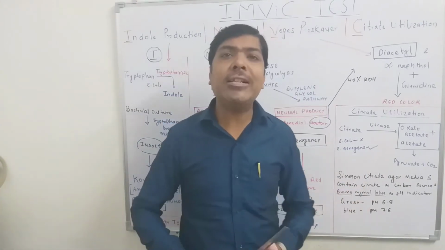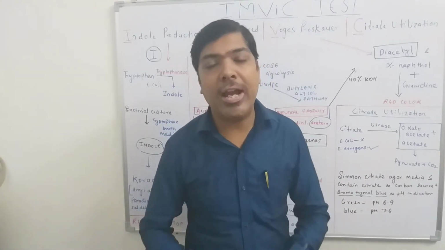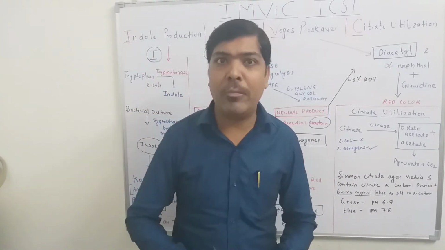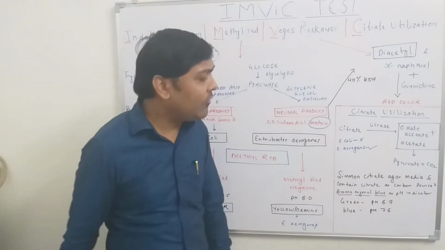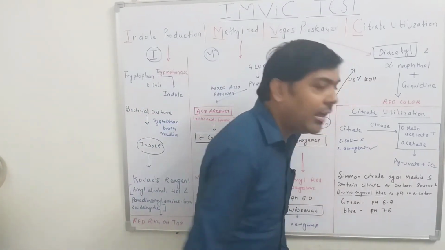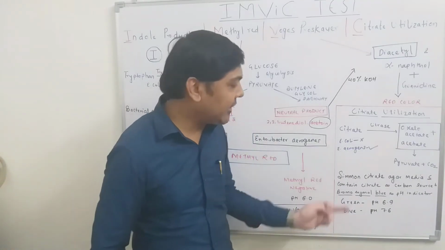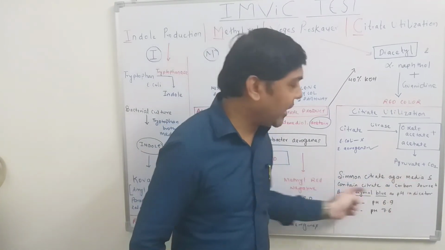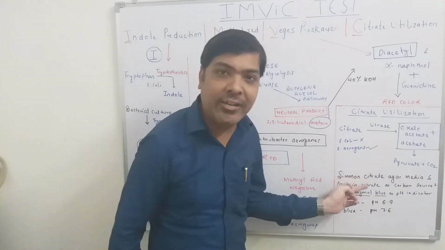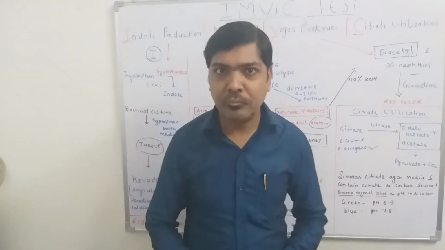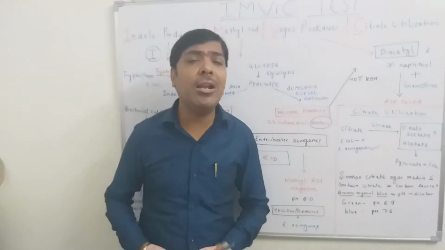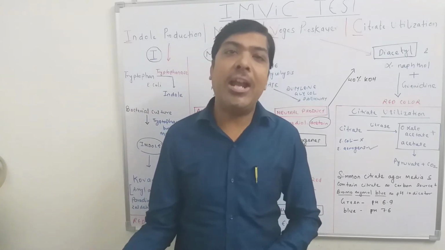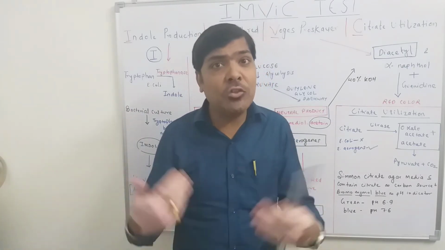So whatever sample is brought to us, if we want to identify and differentiate the bacteria of Enterobacteriaceae, we have to cultivate that bacteria in a culture medium consisting of Simmons citrate agar. This is a specialized medium that has citrate as the only source of carbon. Both E. coli and Enterobacter aerogenes will try to consume that citrate.